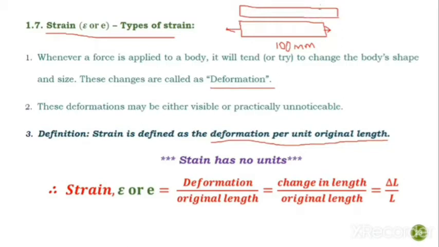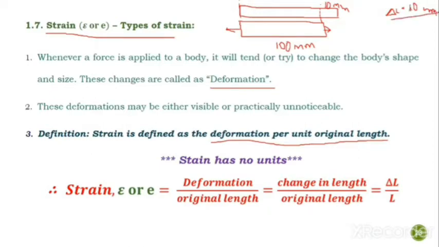This is the original length, 100 mm, and because of the tensile force it has increased by a length of 10 mm. Of course, we know delta L equals the change in length. This is the deformation, right?